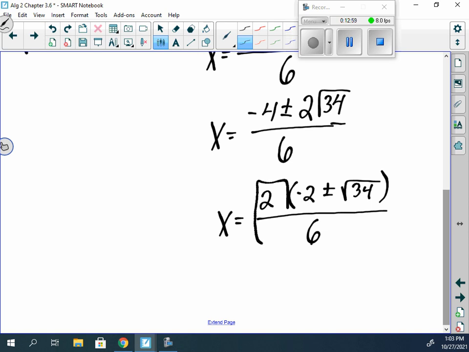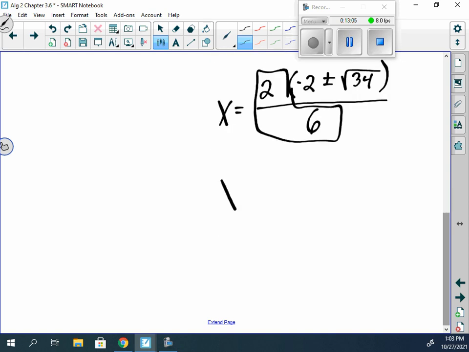We have 2 over 6, 2 divided by 6. What will 2 over 6 reduce to? 1/3. So the denominator is now 3, and the numerator is just negative 2, plus or minus the square root of 34.